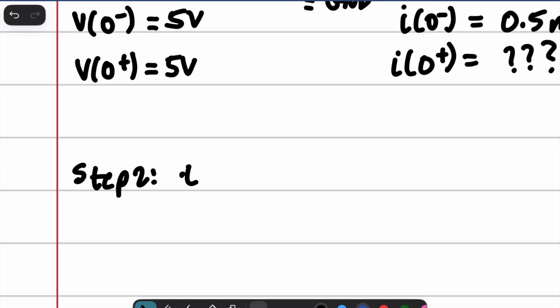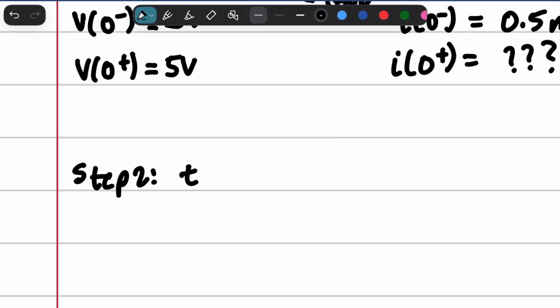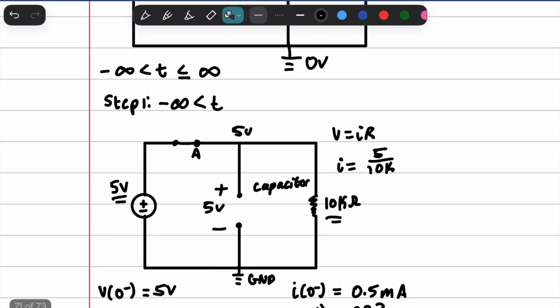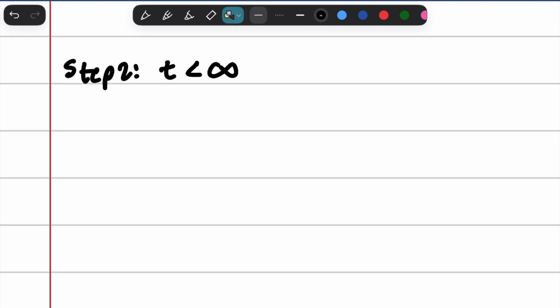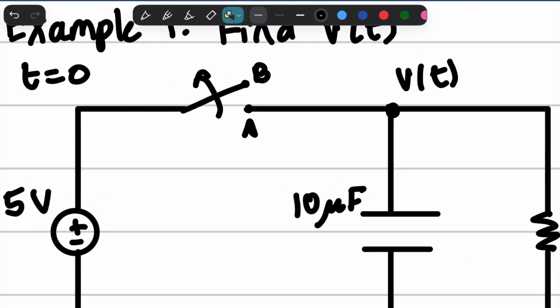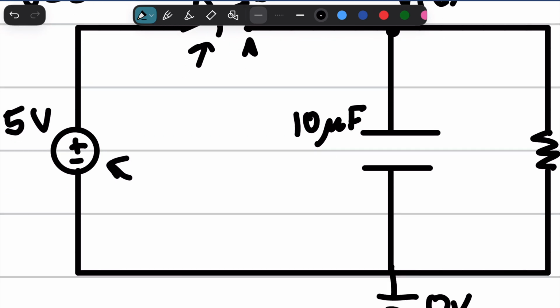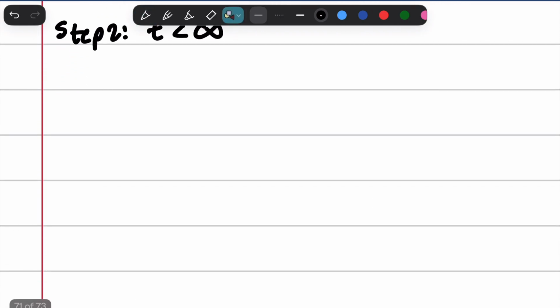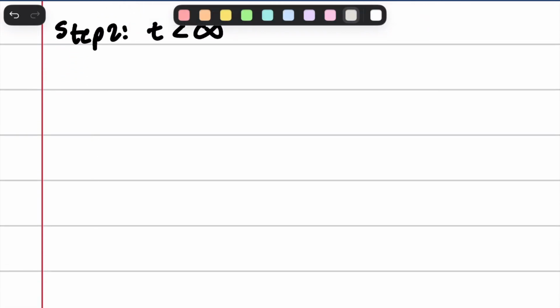So step 2. The next step, we found the negative infinity portion. Now we need to find the positive infinity portion. Let's see what that looks like. First of all, this switch has been opened, so that means this battery is no longer a part of the circuit in the positive portion.